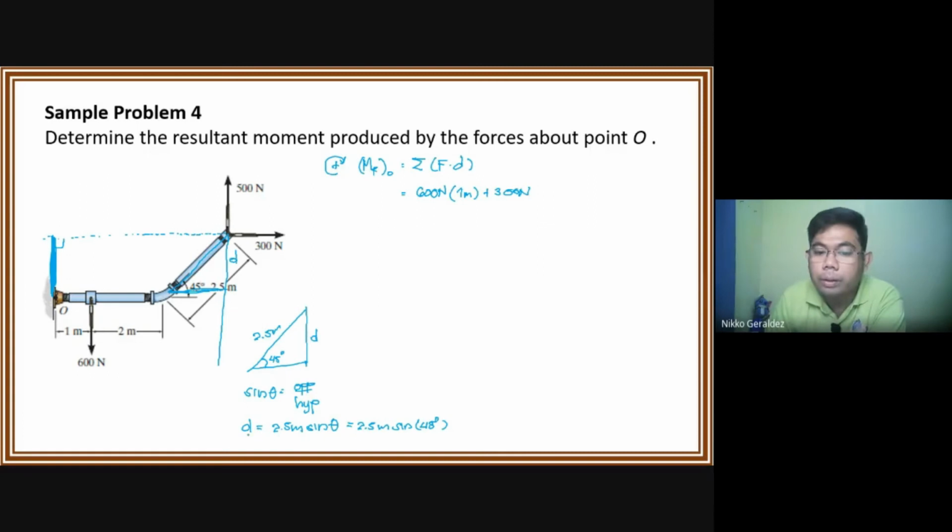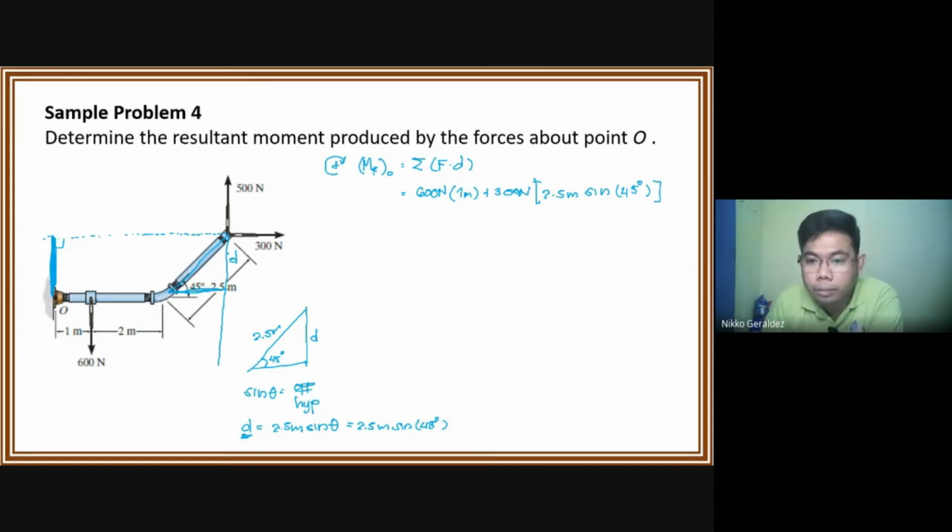So, meron na tayong D. Multiply natin sa 300 Newton. So, that is 300 Newton times 2.5 meter times sine 45 degrees. So, yun, that is the moment of 300 Newton.